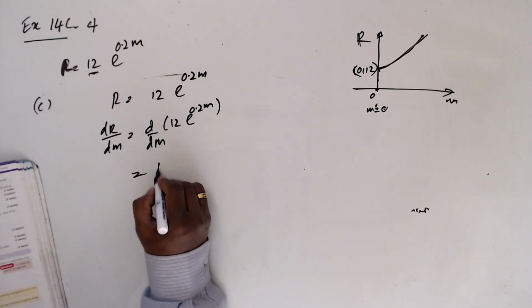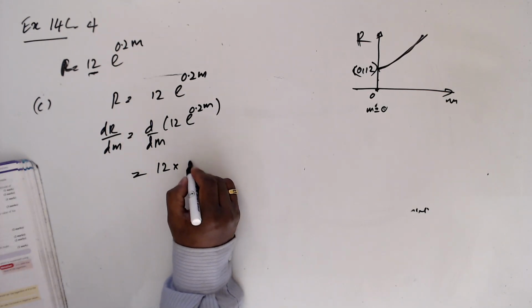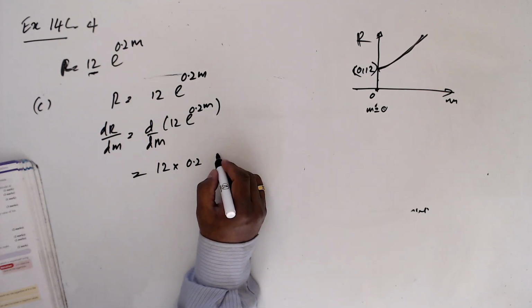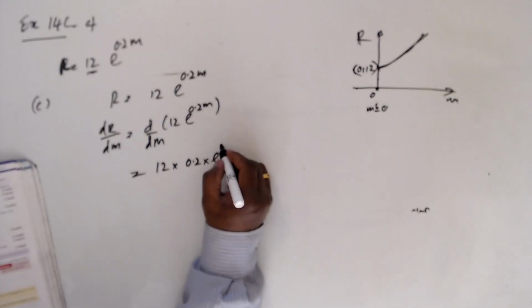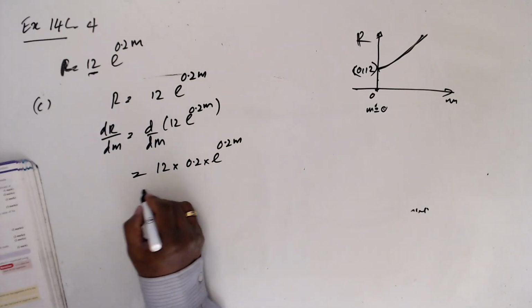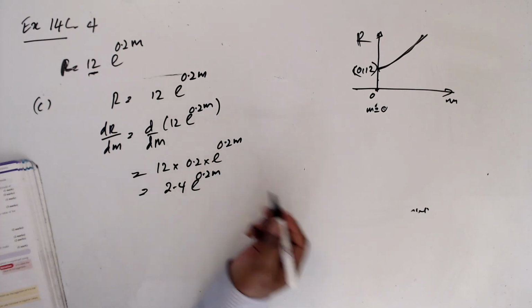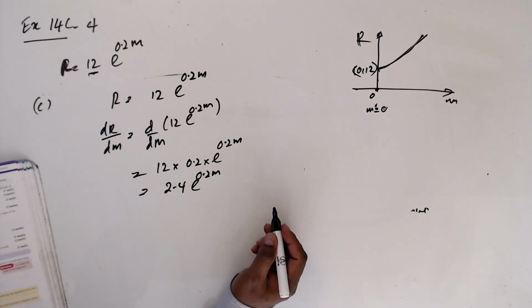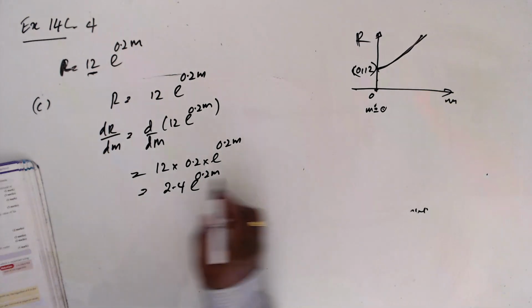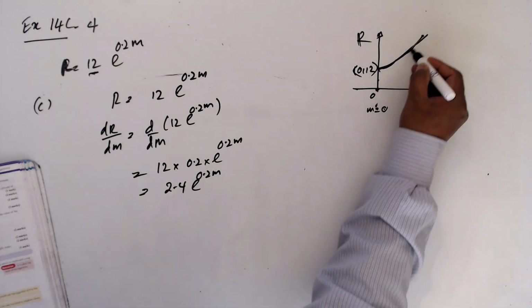So the answer is 12 times 0.2 times e to the 0.2m. It means 2.4 e to the 0.2m. So this is the gradient of this curve at any point.